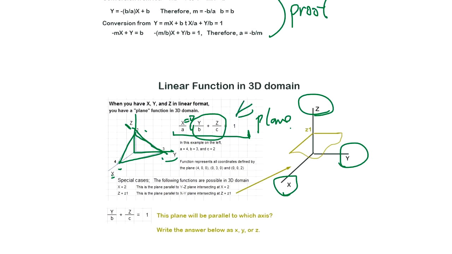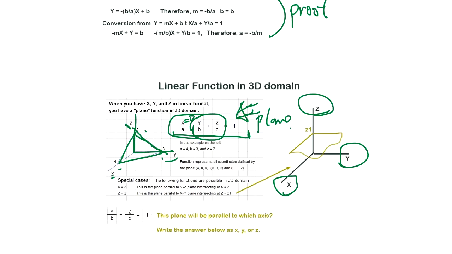This form tells you it includes all linear equations. So it can be the 3D linear equation. What is linear in 3D?